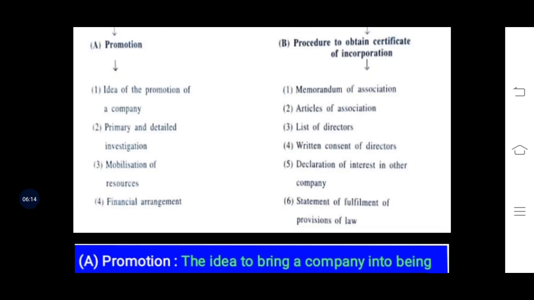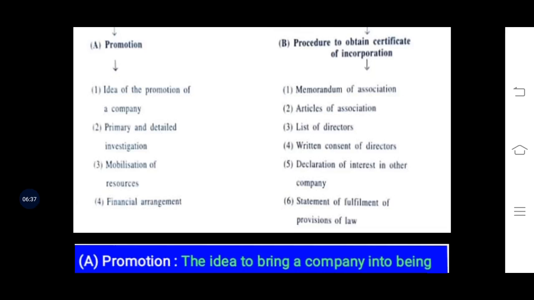The Articles of Association can be altered by passing a resolution in the meeting, and if some alterations are needed, they can be made by the consent of its members.